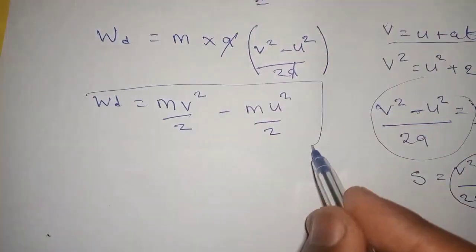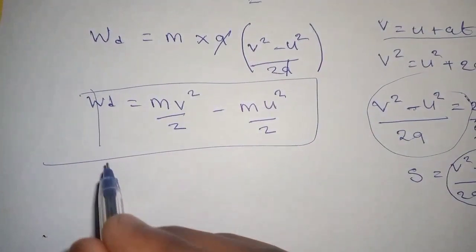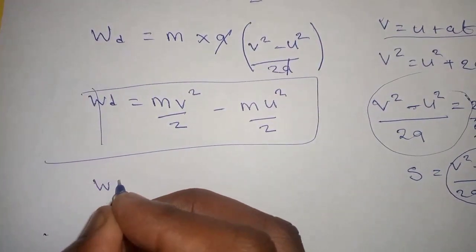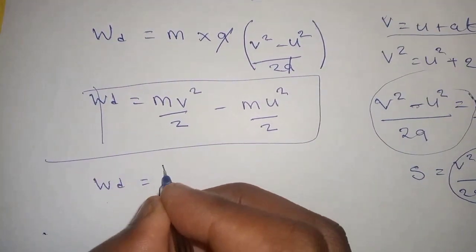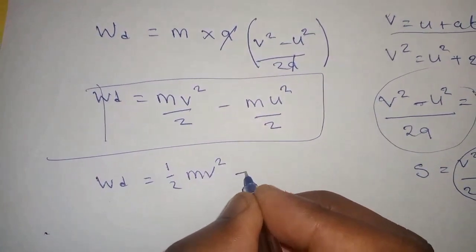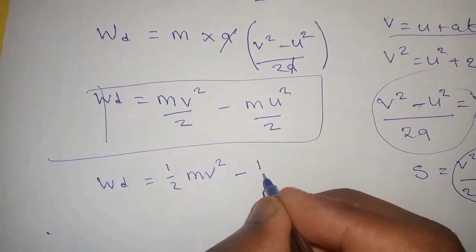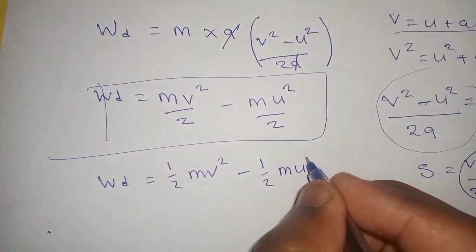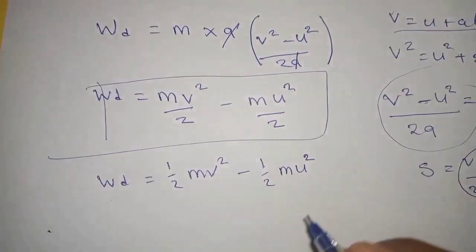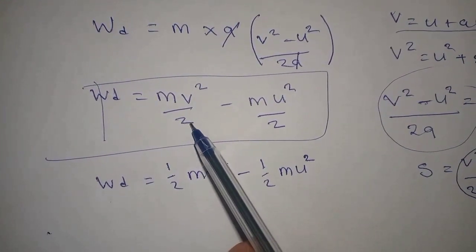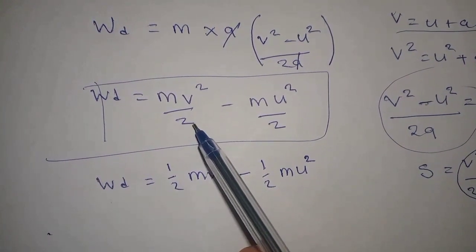Now writing it in this way is just the same as writing it in this way. Work done is equal to half mass velocity squared minus half mass initial velocity squared. Why? Because anything divided by 2 is basically multiplied by half.